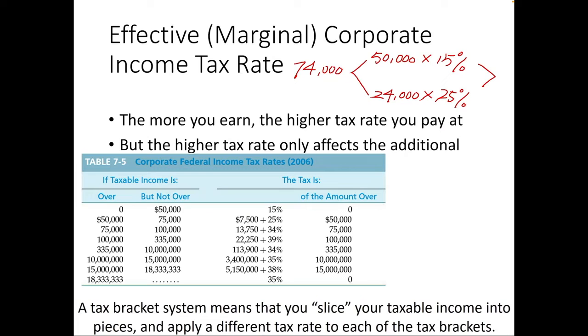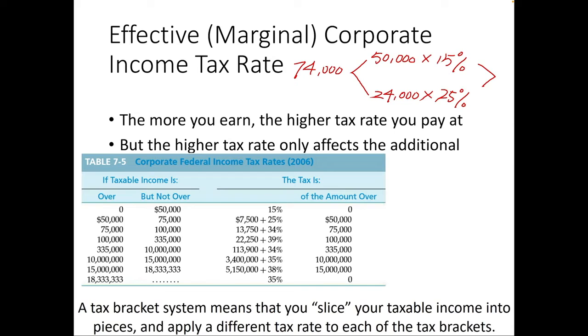Because it is based on how much you earn in your gross income, and the tax rate is only based on the additional amount of your gross income, compared to some base number, and we call those base numbers brackets. So let's take a look at what this tax rate system is.